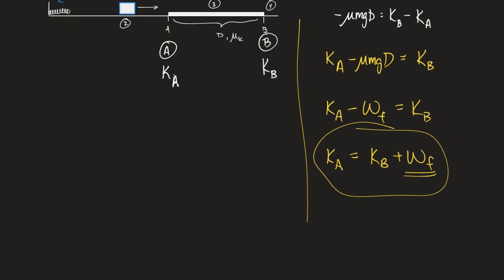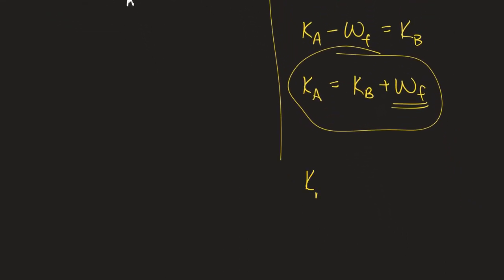I've also been around long enough to see that there's times you're supposed to say, well, Ka equals Kb, but we put the work on top of the equal sign so that the kids know that something happened across the interim, and they have to keep in their mind whether the work was positive or negative.